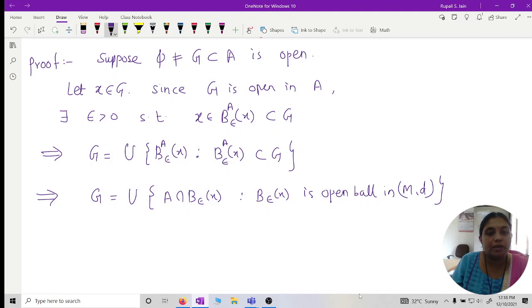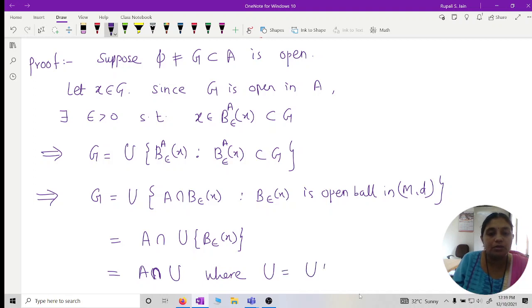B epsilon of X in A can be written as A intersection B epsilon of X. So this I can write as A intersection union of B epsilon of X. And what is union of this B epsilon of X? A intersection U, where U is nothing but union of B epsilon of X. Can I write like this?